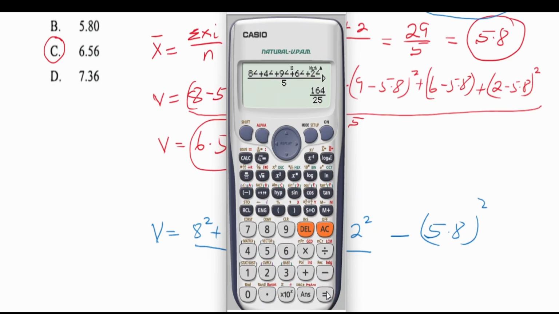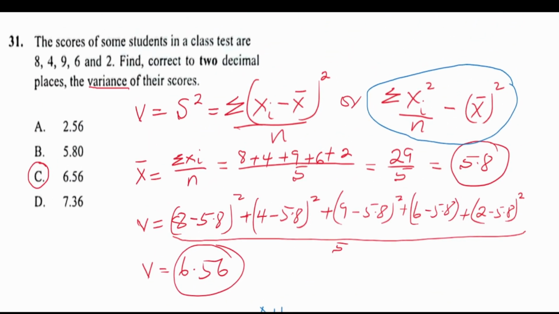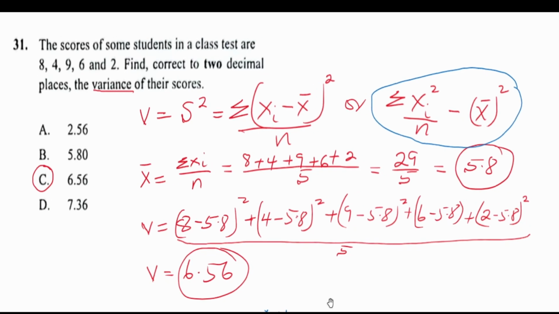And then you press equal to, and that gives us the same fraction already. So to change it to decimal, you click on S-D, and that is 6.56, which is the same as what we got for the first one, 6.56. Right. So that means that each of these two formulas can be used to find variance when you are given a set or list of data.